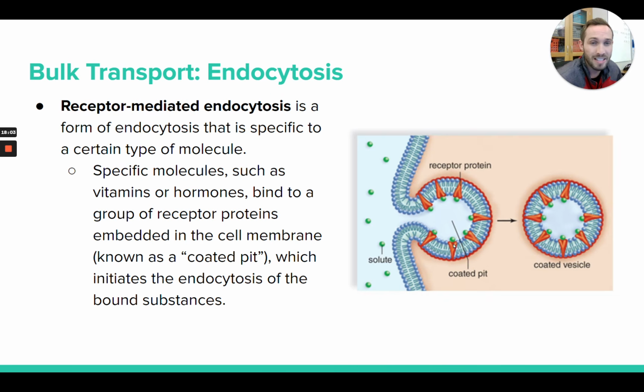And once it starts binding to those receptors, it initiates this endocytosis process, which now takes in those molecules. So it's kind of like a specific targeted thing that the cell is looking for that's going to wait for it to bind to these receptor proteins. But that's, I think, it.